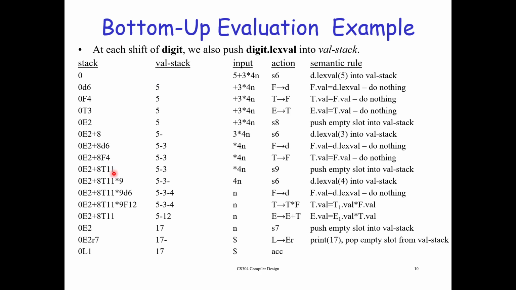Then next is 11 under star, it will be S6. In the case of S6, you have to push the star onto the stack as well as 9. Corresponding to star, this hyphen is shown because there is no attribute value corresponding to the star. Then 9 is currently the state, so 9 under 4, we have to observe the parsing table.